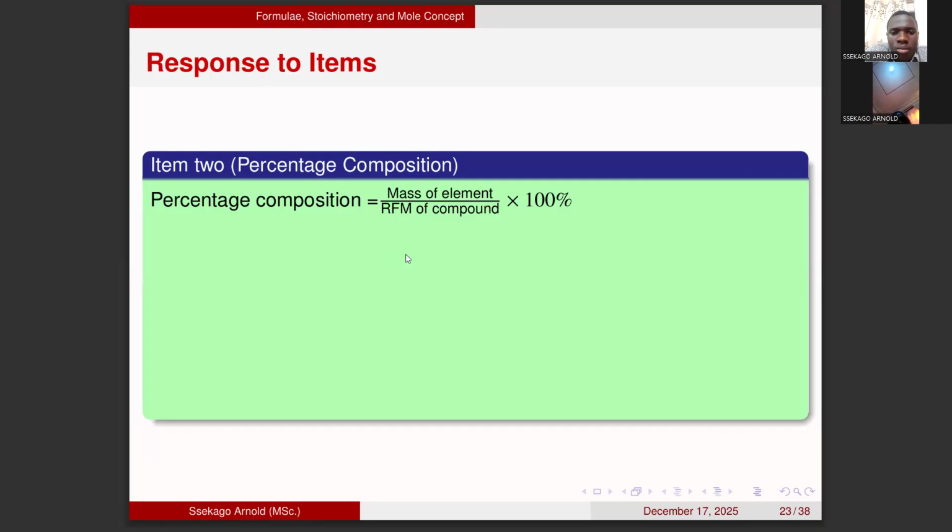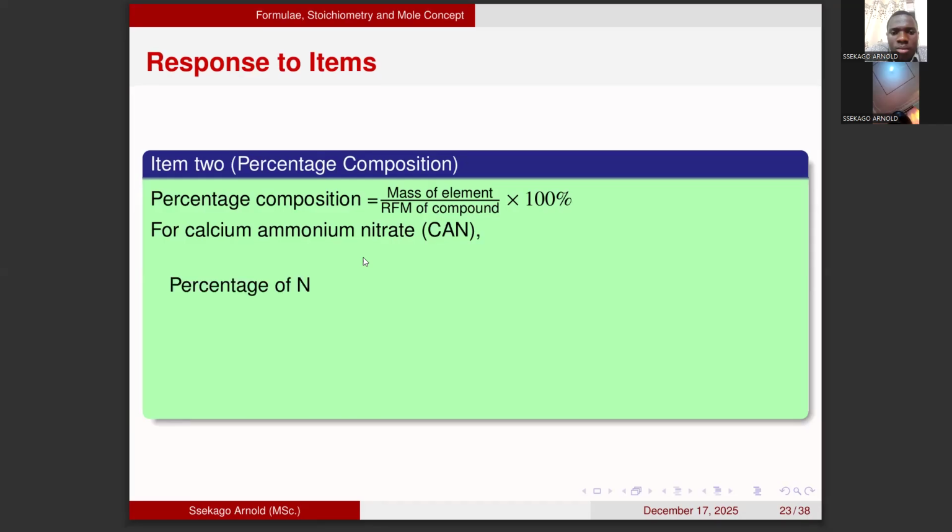There are 3 fertilizers of consideration in this case. The first fertilizer is CAN, which is calcium ammonium nitrate. Therefore, the percentage of nitrogen in CAN is given by mass of nitrogen over RFM of CAN, calcium ammonium nitrate.